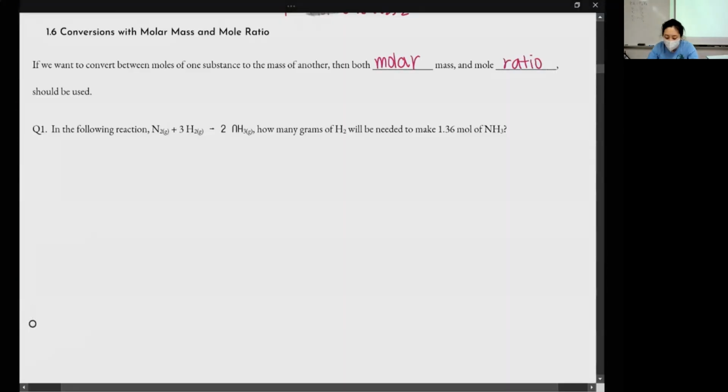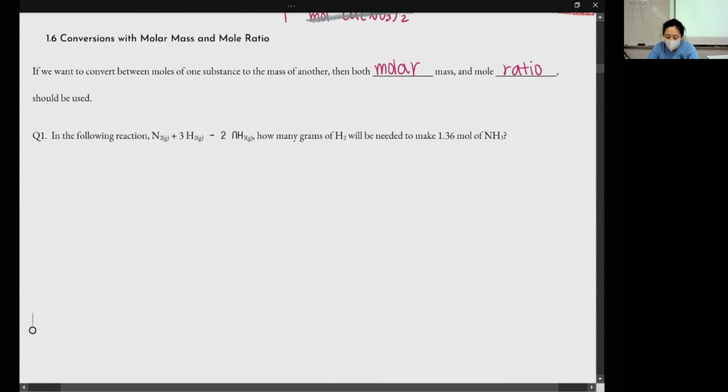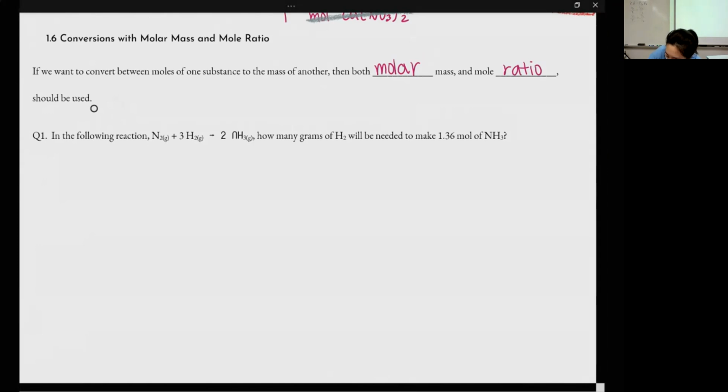All right, so question 1 in this section says, in the following reaction, N2 gas reacting with 3 moles of H2 gas will make 2 moles of NH3 gas. How many grams of H2 will be needed to make 1.36 mole of NH3? So grams of H2 is what we're looking for, and 1.36 mole of NH3 is what we have.